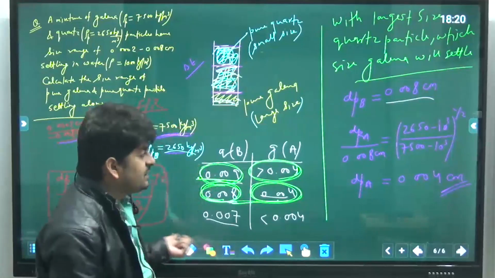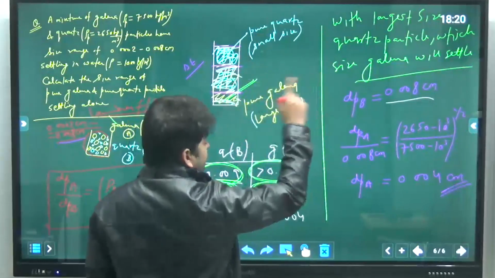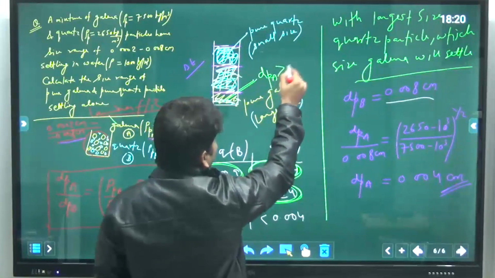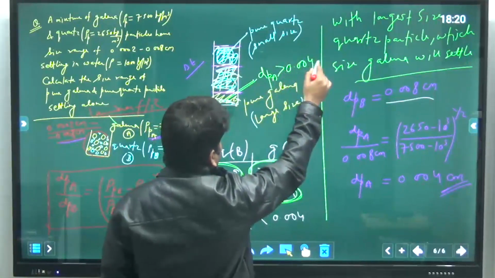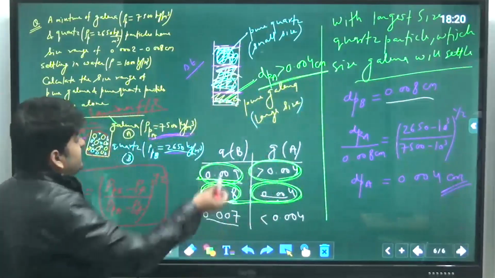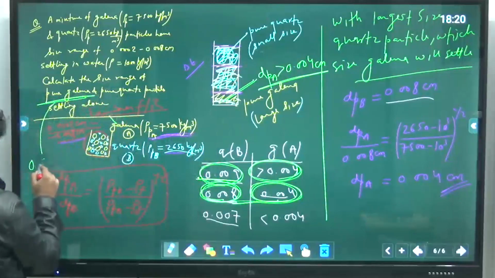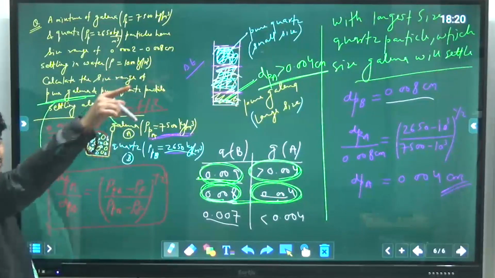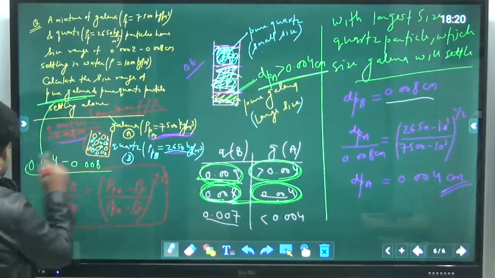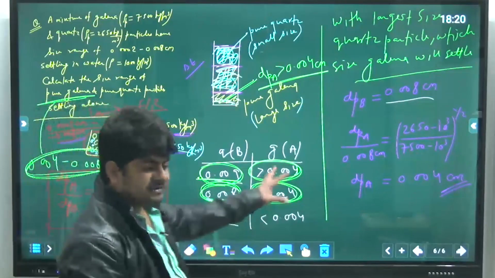That is not present. So in pure galena we will have all the galena particles with size range greater than 0.004 centimeter. If you want to mention the size range, for pure galena, the size range is 0.004 to the maximum possible size, that is 0.008. Okay, I hope it is clear.